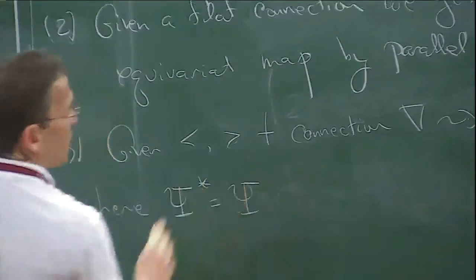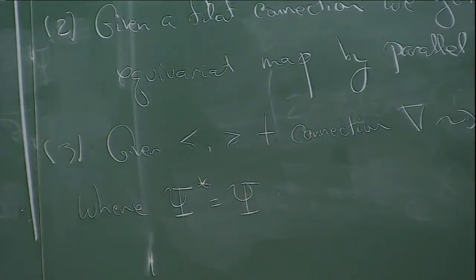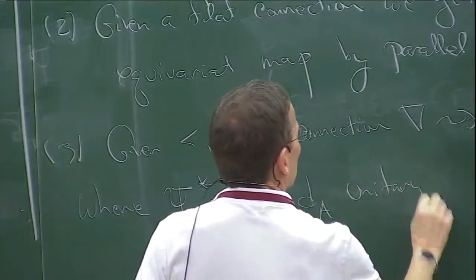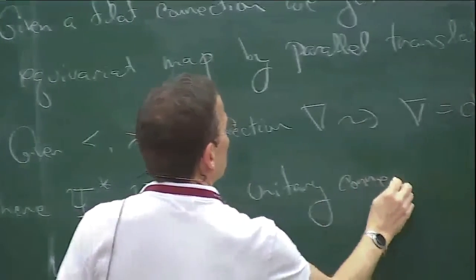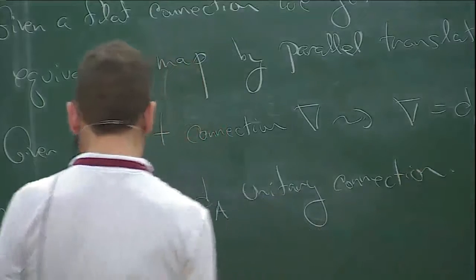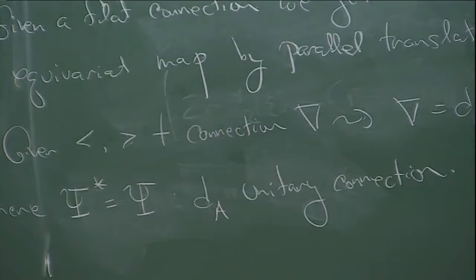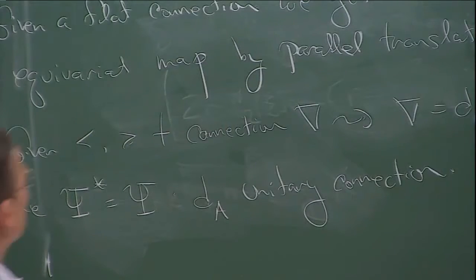So psi is a one form, and dA is a unitary connection. So this is also pretty clear.